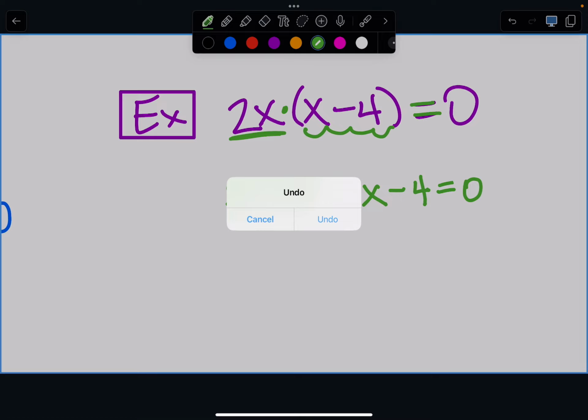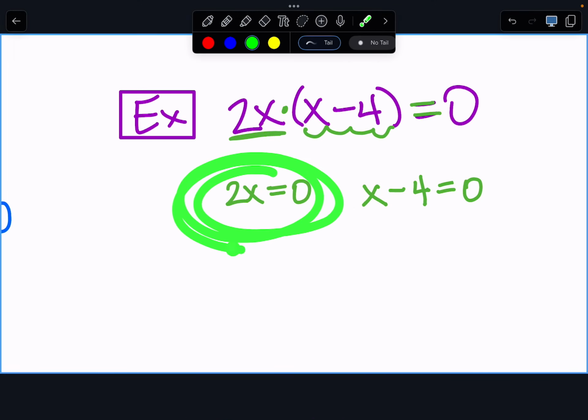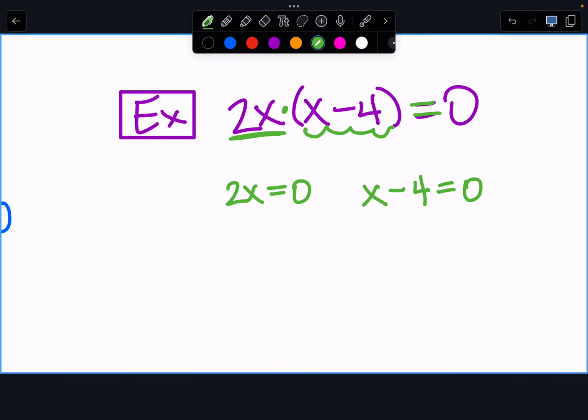Okay, so if I solve these, if I divide by 2, what do we get here? So x equals 0, and over here, x equals 4.